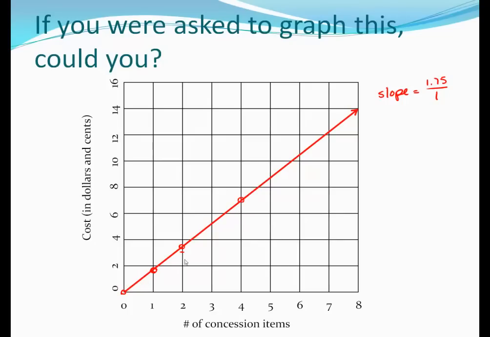You can easily tell about how much each one would cost. If I got 5, we're right around here, so it looks like a little less than 9. Now 6 looks like between 10 and 11, and so on. If I got 8, I'd probably be right at 14. So again, graphs are an easy way to interpret that without having to plug the numbers in and figure it out.